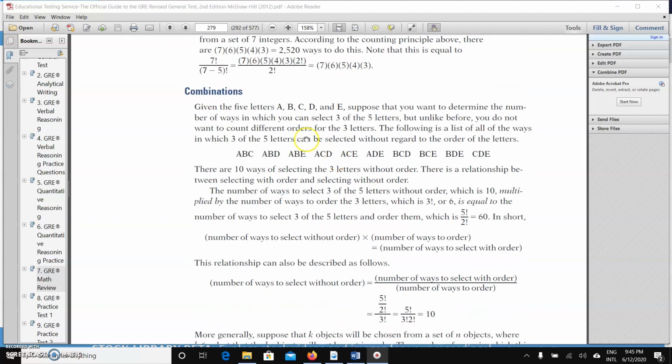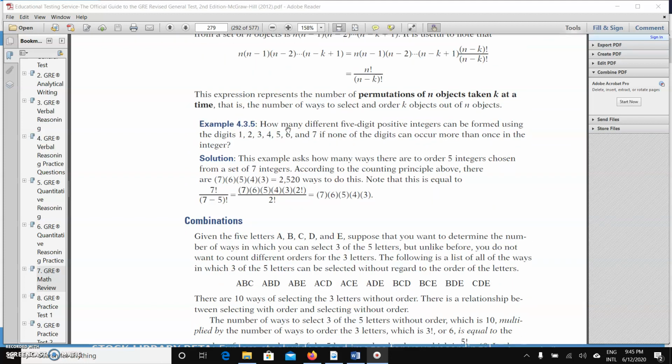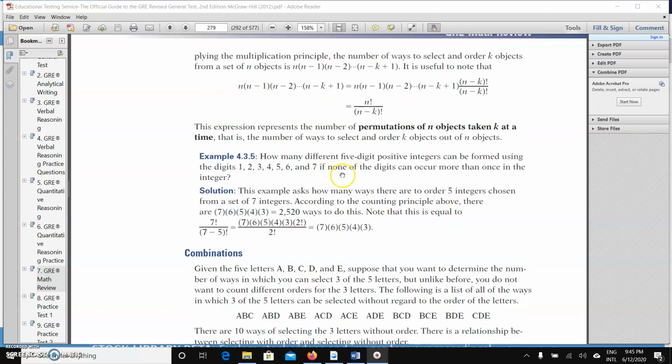The only difference is that when you're talking about permutation, I told you that there's going to be order. Okay, now look at it according to the counting principle above. Let me see. Look at how a permutation question looks like. How many different 5-digit positive integers can be formed using the digits 1 to 7 if none of the digits can occur more than once in the integer?